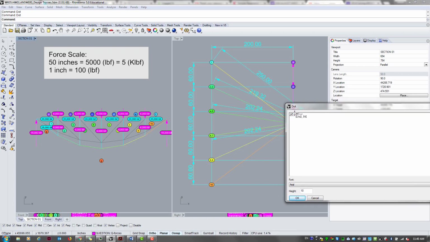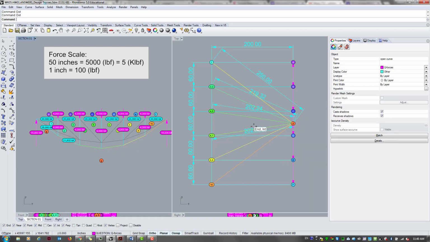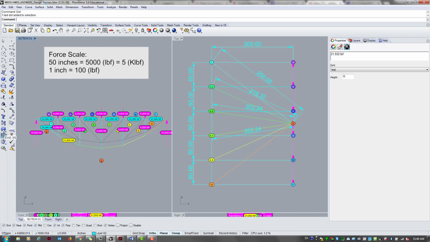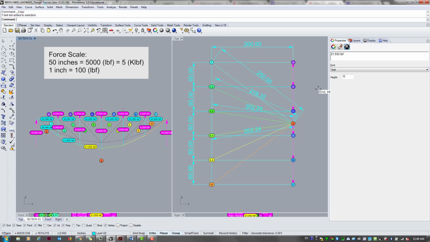And I'm just gonna use that: 21932. That's here, and the next one is 20224.